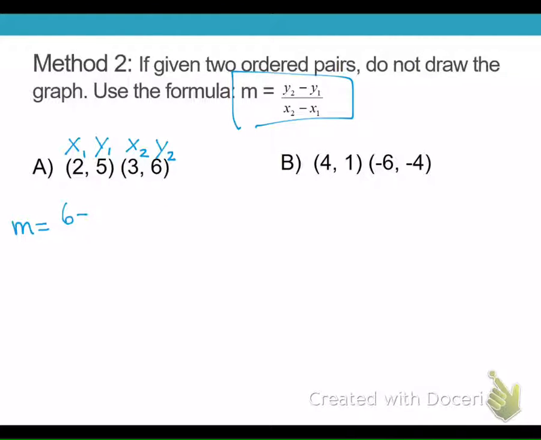So y2 is 6 minus y1. What's y1? 5. Over, what's x2? And x1? Good. You get 1 over 1, which is 1. So my slope here is 1.